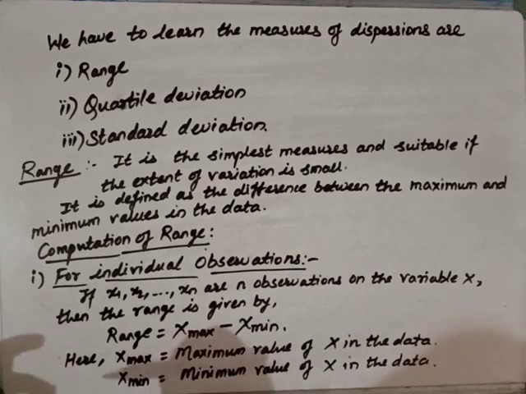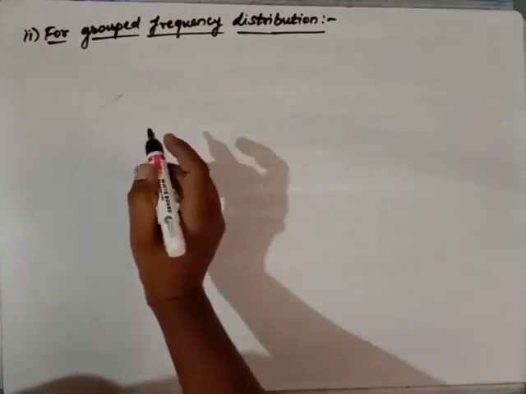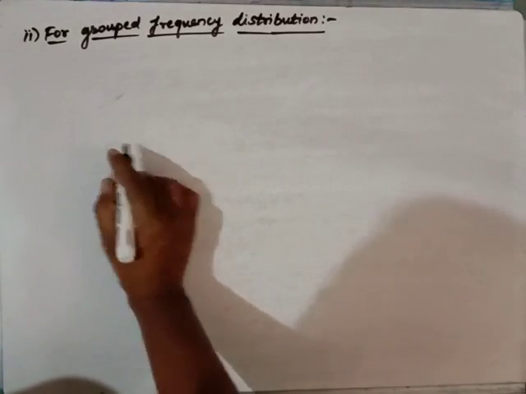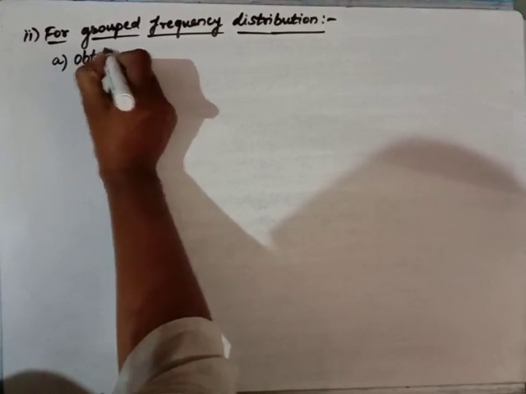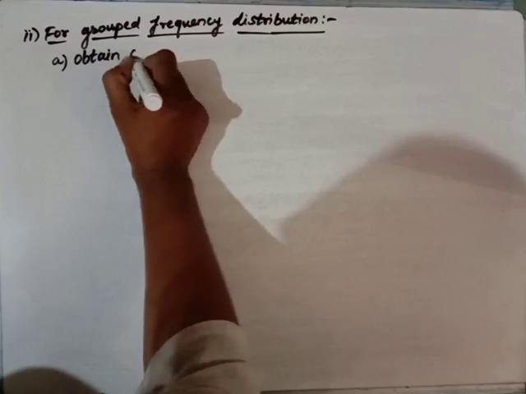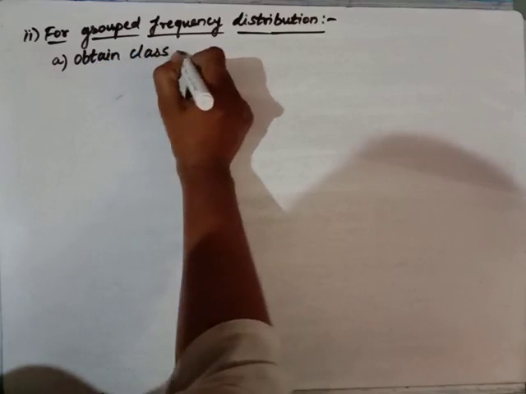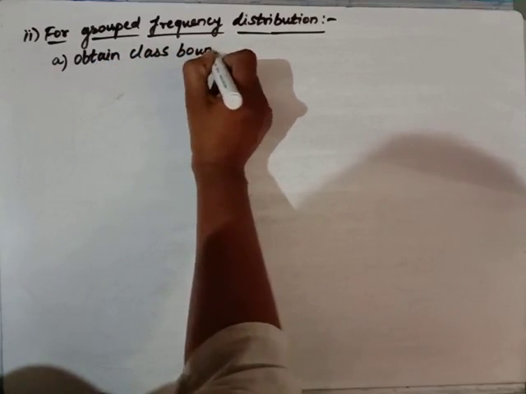This is very easy. Now, let us see it for a grouped frequency distribution. What is the way to compute the range? In a grouped frequency distribution, the first step is to obtain the class boundaries.